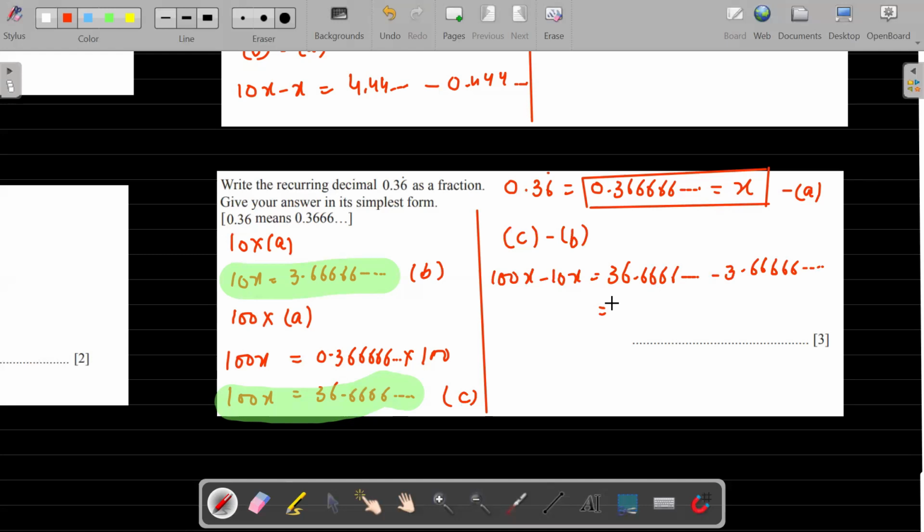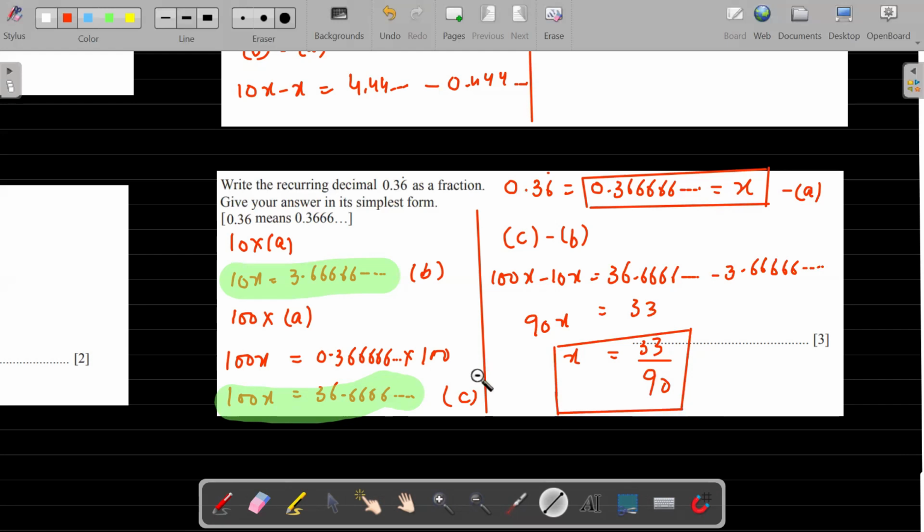After subtracting, I will get 33 exactly, and 100 minus 10 is 90x. 90x is equal to 33. Let's separate x. It will be 33 by 90. That is our fraction.